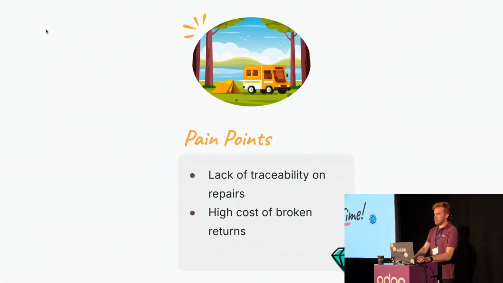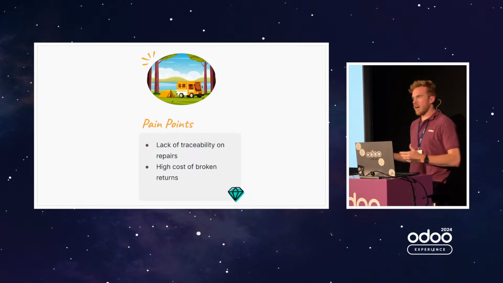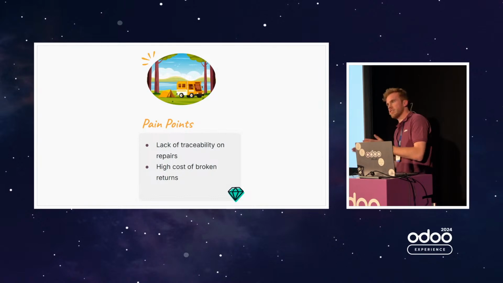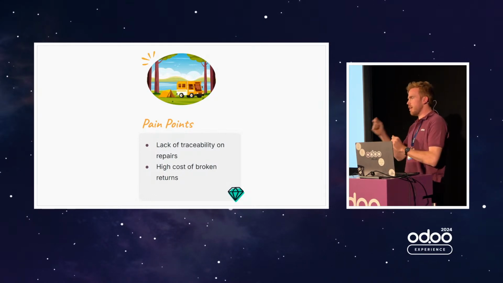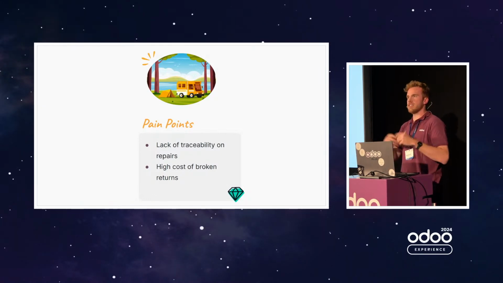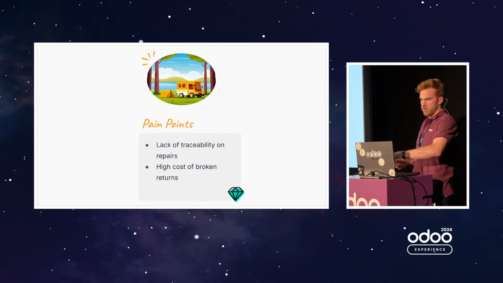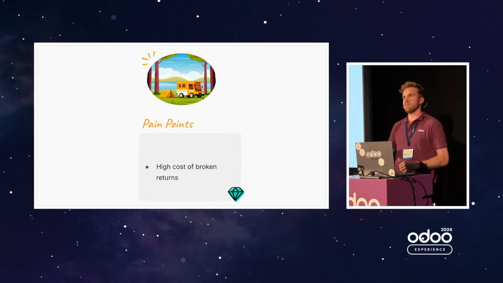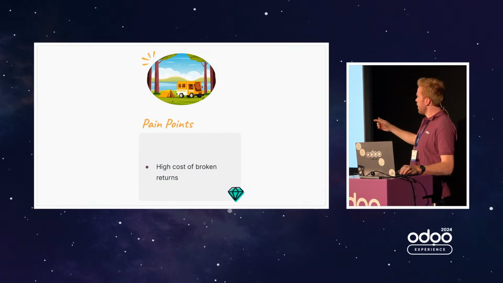And I hope you noticed it, but during this talk, I basically solved my 2 pain points. My lack of traceability in repairs, well, that's gone because now I make sure that the connection, repair and return is always there. And then the high cost of broken returns. Well, I didn't show it to you.